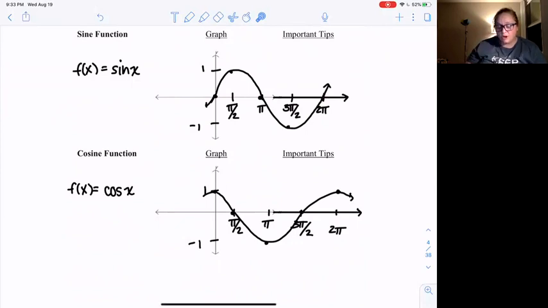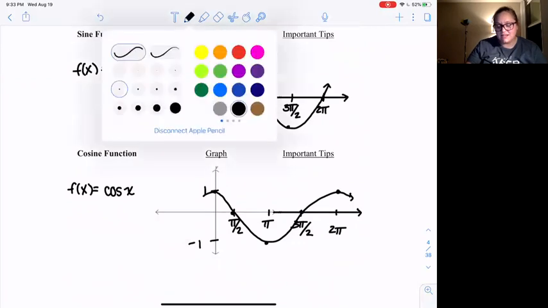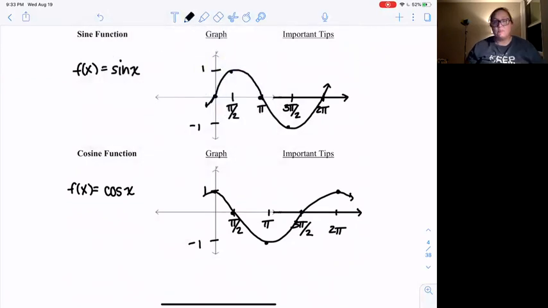When you are looking at the domain and range of this, it actually is a little bit interesting because these trig functions have something a little different, and that's called the period. So these come in periods of from 0 to 2 pi, and then it repeats this same exact pattern.